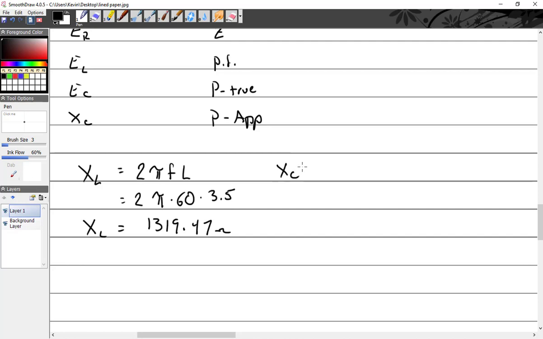Okay, X of C. X of C equals 1 over 2 pi FC. All right? So make sure you do this correctly. The way I would do this is I would do everything under the line first, then hit the right key. So it's 2 times pi times 60 times, and this is the part that's very depressing for me to see how many people in this class just look at that number.